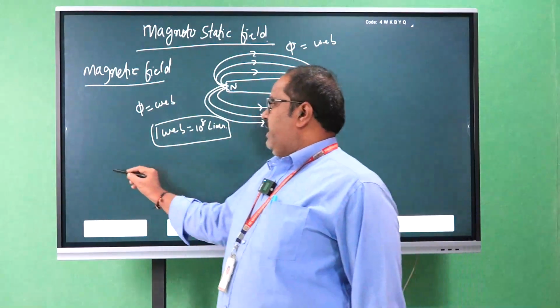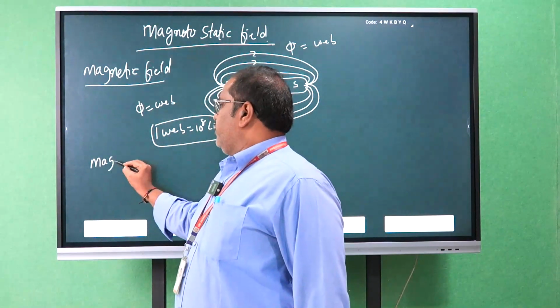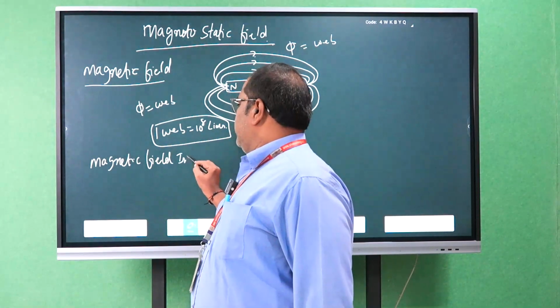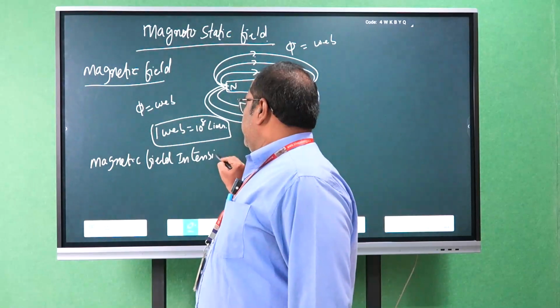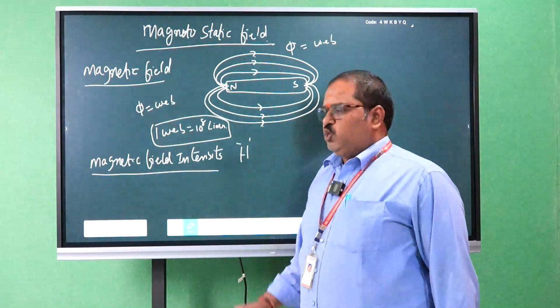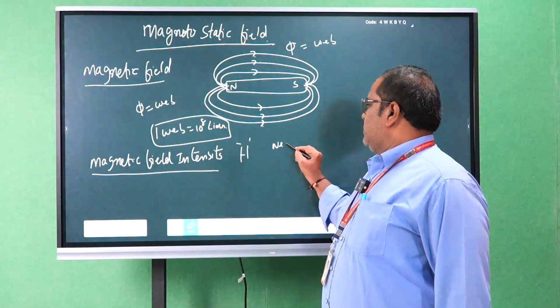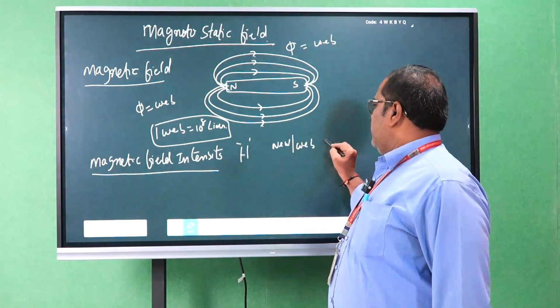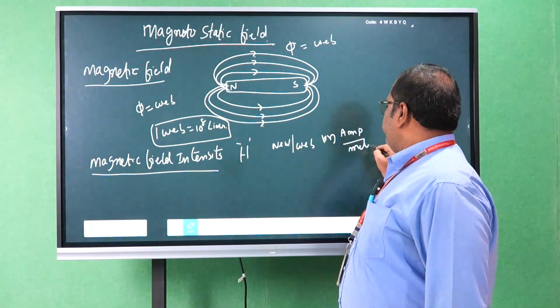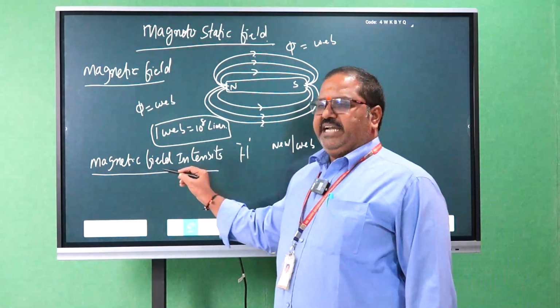Next, define the magnetic field intensity, denoted as a capital H. The units are Newton per Weber or Ampere per meter. What is magnetic field intensity?